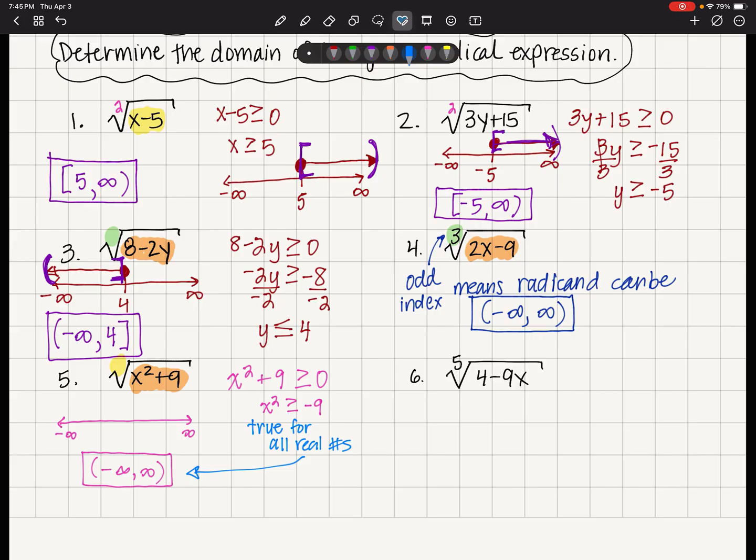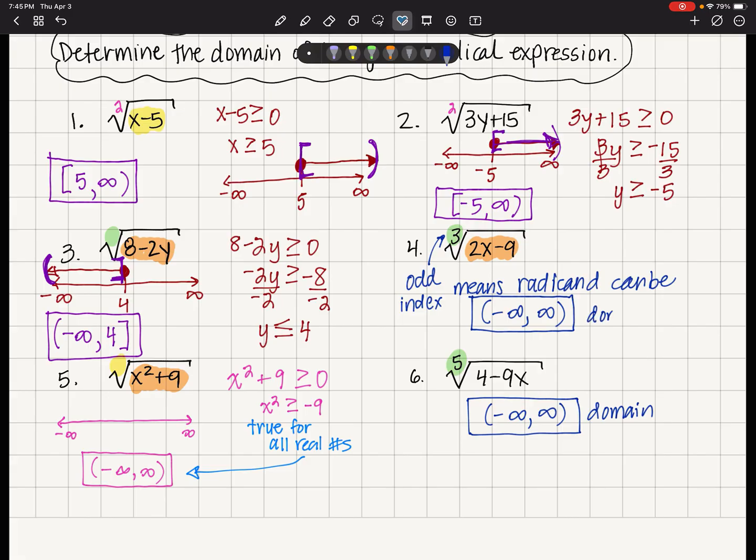Number 6, I've got an odd index. If it's an even index, I have to go through that inequality, but with an odd index, negative infinity to positive infinity is our domain. That means all real numbers will work.